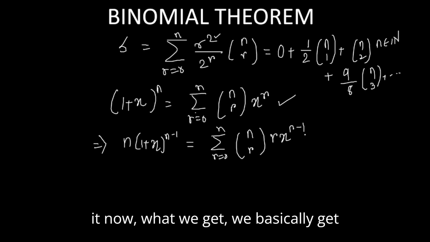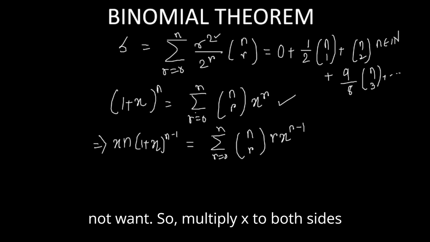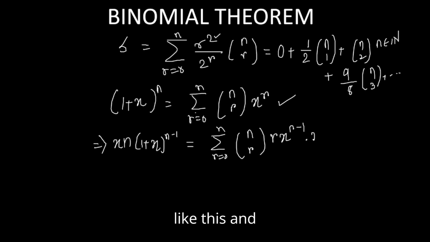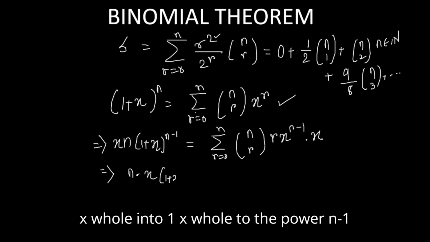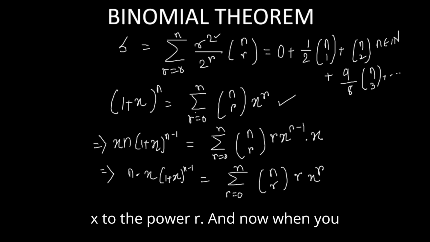But if we do it now, what we get is r - 1 as a coefficient, which we do not want. So multiply x to both sides like this. And what you get is n x (1 + x)^(n-1) equals the summation r = 0 to n of nCr r x^r.